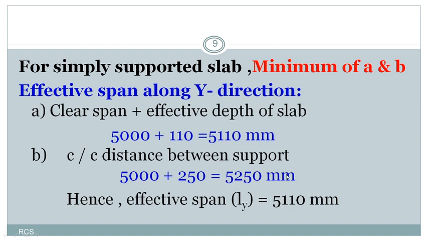I have to check which value gives the minimum span in these two criteria. Here the minimum value is 5110 mm. So the effective span along the y direction Ly is equal to 5110 mm. So this is how we calculate our effective span in x direction as well as y direction.